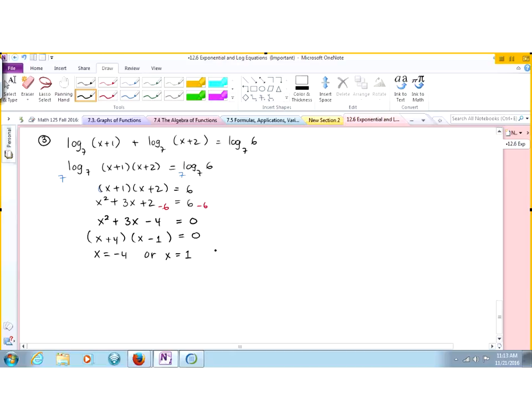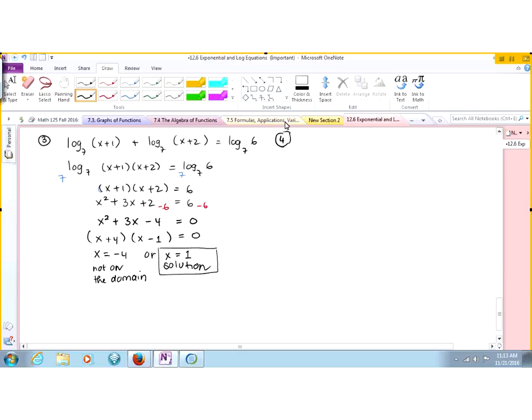So which ones are solutions? Are both solutions? So negative 4, what happens if I substitute negative 4 here? So this is not a solution. So only one? Good. So this is not in the domain. Easy, right?